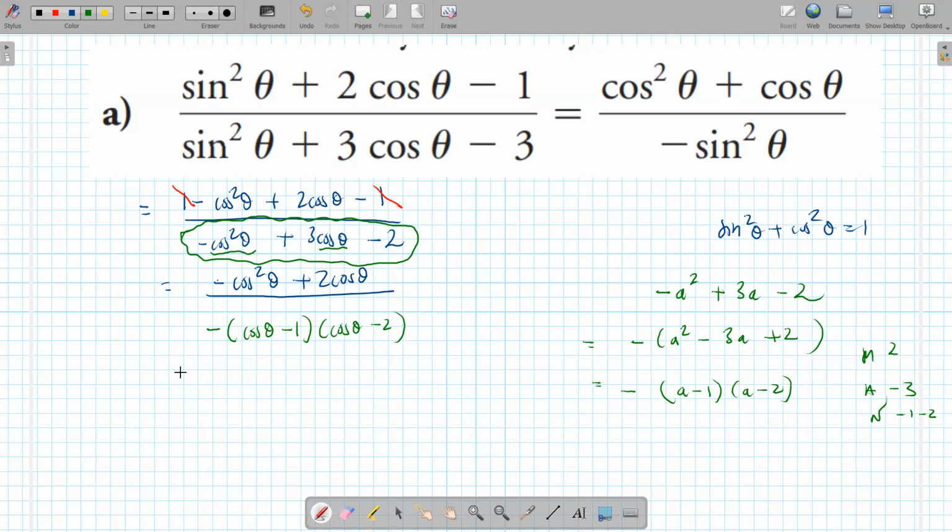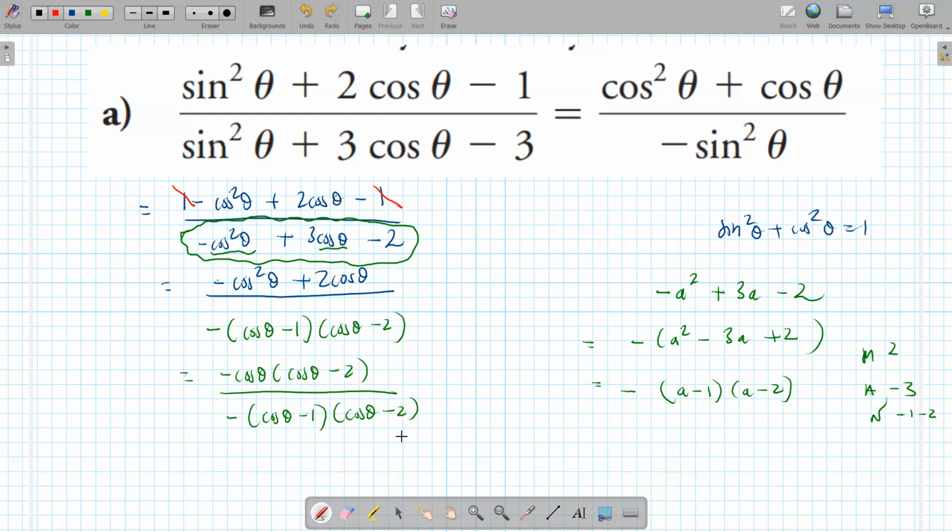In the top, I'm going to take out a negative cosine. I'll be left with cos theta minus 2 as well. So this is what we have right now. Does anything cancel out? So this bracket and this bracket would cancel out.